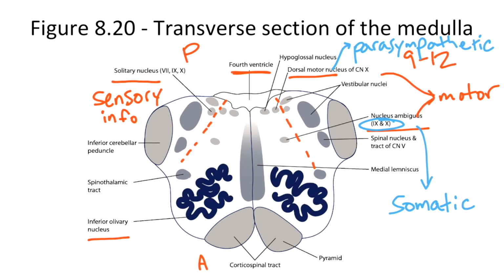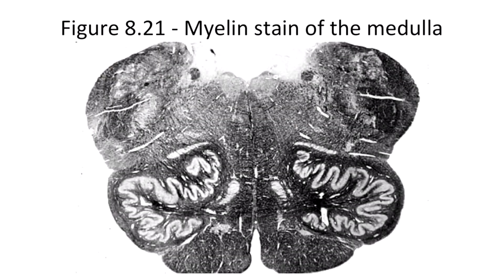And this is specific for cranial nerve 10, and it sends parasympathetic motor information to the heart, lungs, and upper GI tract. For your reference, this is a myelin stain of an actual microscopic cross-section of the medulla. We can clearly see the inferior olivary nucleus right there.